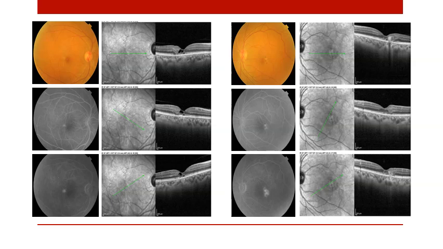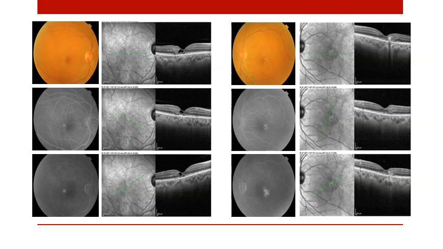For example, this is a case of juxtafoveal telangiectasia type 2, in which the color fundus photography showed in both eyes temporal pallor in the fovea. The left eye shows additional pigmentary changes. Fluorescein angiography shows early faint hyperfluorescence with late staining.